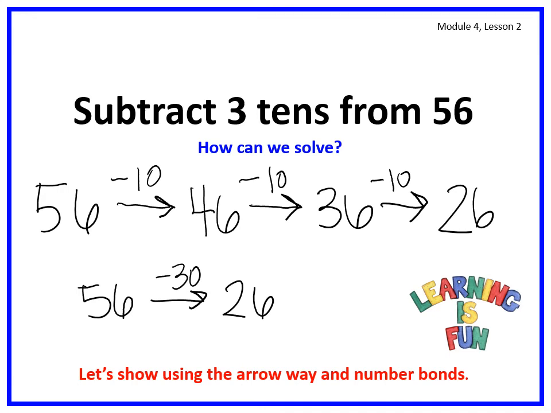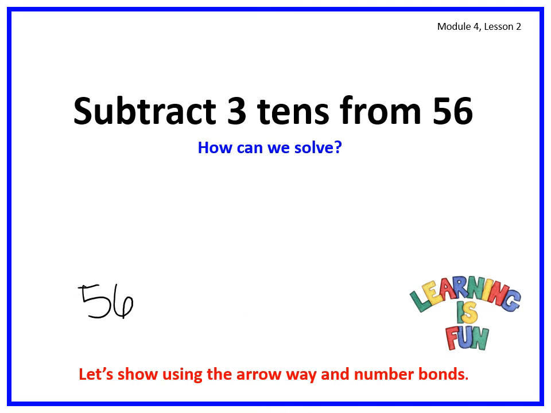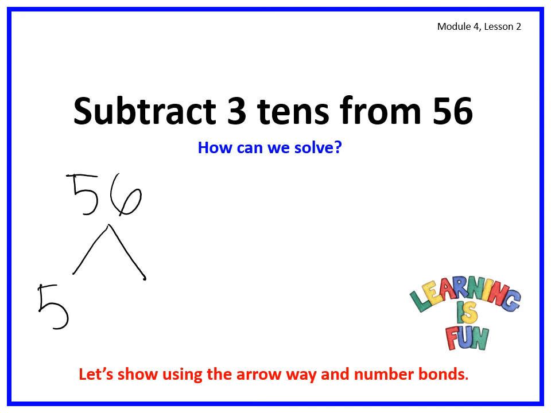Now let's take a look at how I can do that with the number bond. When I pull apart that initial 56, what do I have left? If I have 56, I pull out that 10. So I have 50 and 6.